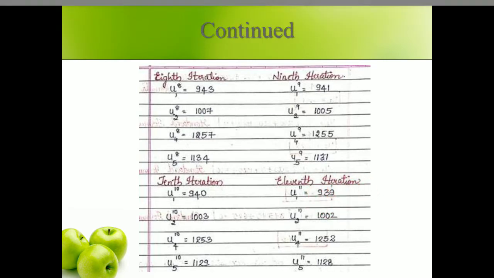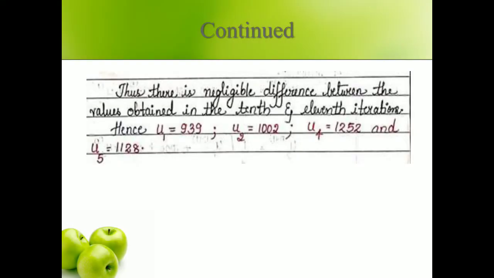So you can stop the iteration here itself, and you can conclude that there is a negligible difference between the values obtained in the 10th and the 11th iteration. Hence the solutions for the boundary value problem will be u1 is equal to 939, u2 is equal to 1002, u4 is equal to 1252, and u5 is equal to 1128.